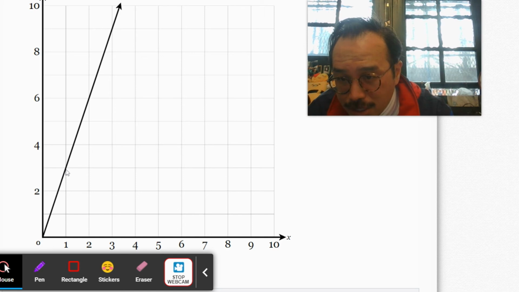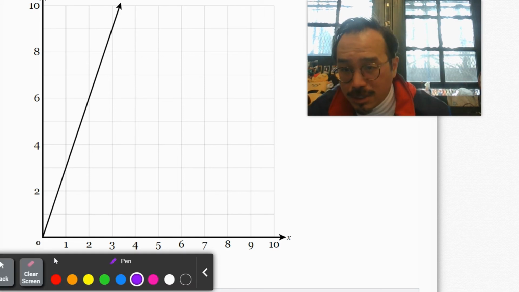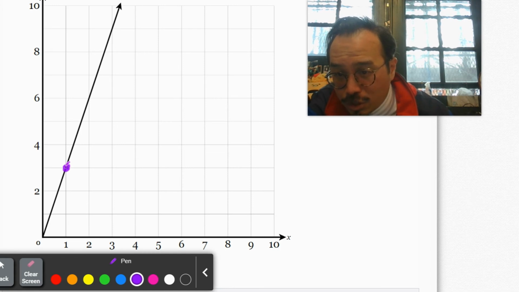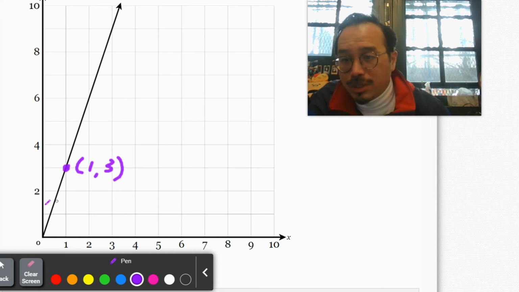Now, right here is the unit rate where the arrow is. I hope you guys can see the arrow. If not, I'll make a point here. How do I know? Because this line passes right where the corner is. I've talked to you about that, right? You have to find something that's on the corner. Now, what point is this? 1 comma 3. So that's the unit rate.